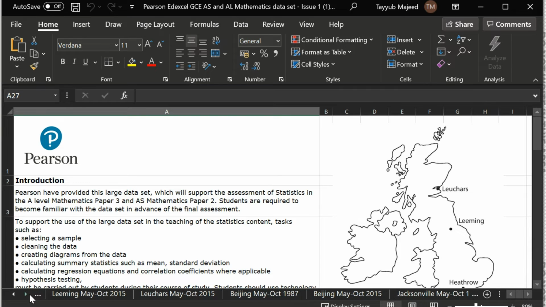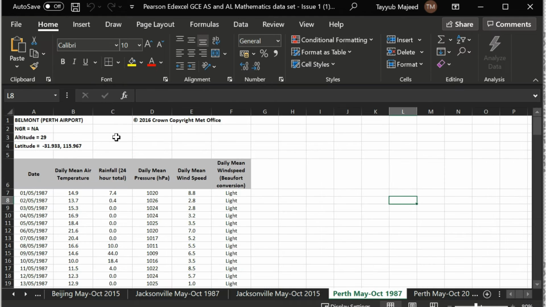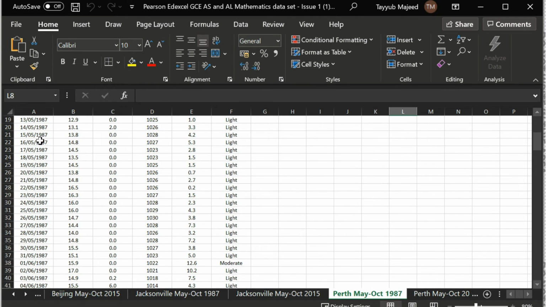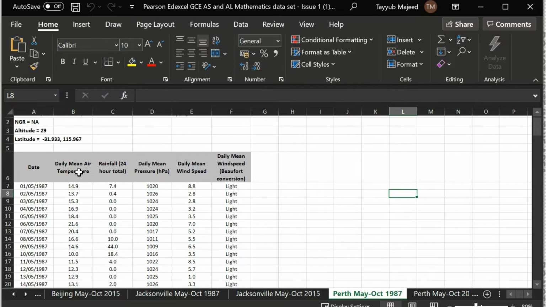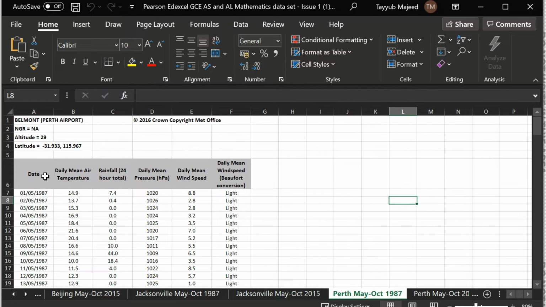1987. So that's in this tab over here, and we've got the various pieces of data shown here for May to October, and we're looking at June to July. But crucially, we should be thinking about the variables that are given.